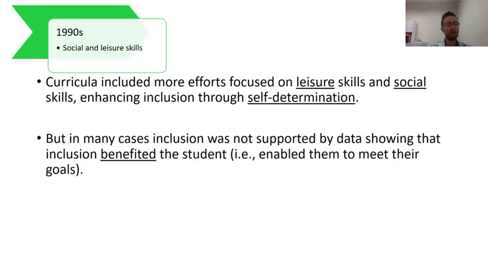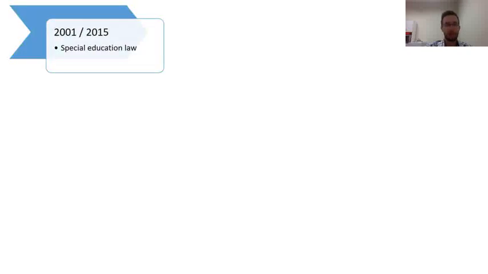But if you place a student in a context where it sounds great, but they're not progressing, then it's the wrong context. And so that's what was often discovered in the 1990s. That typically, in many cases, inclusion did not enable them to meet their goals.